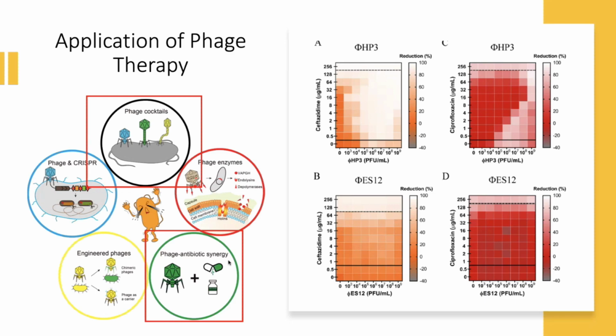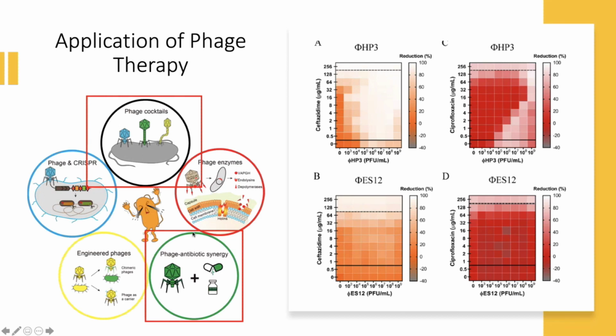There's other things that you can do. You can essentially use phages to insert enzymes into bacterial cells, and these enzymes will have a lytic effect on the bacteria by either destroying the cell wall or destroying proteins or destroying DNA. You can engineer phages to produce different kinds of effects.